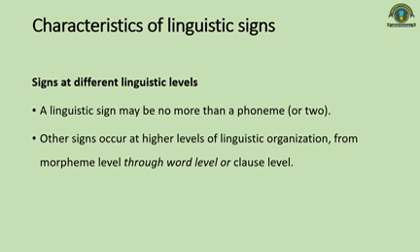Then we can talk about the sentence level. For example, we will do it as soon as you arrive, as opposed to as soon as you arrive, we will do it.